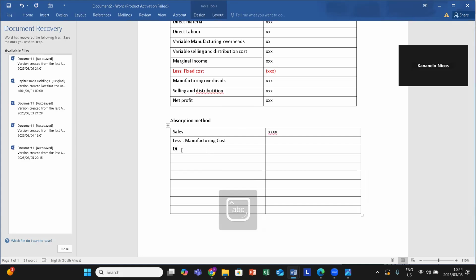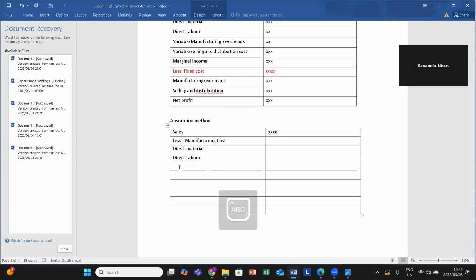Our manufacturing cost, we know that we talk about direct material, direct labor, and manufacturing overheads. Pardon me, not selling and distribution.